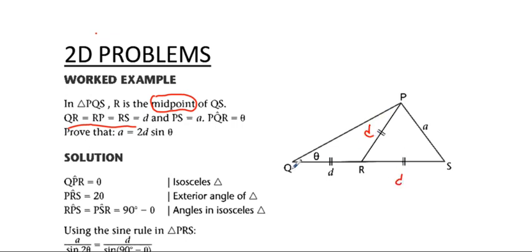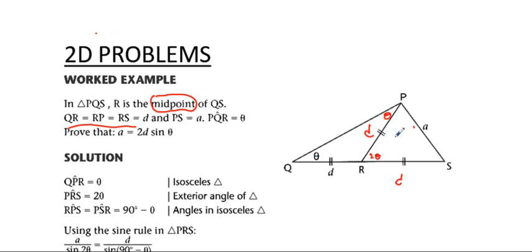Point to note, can you see that triangle QRP is an isosceles triangle? So when labeling, be careful, that angle will be theta. This PRS is also an isosceles triangle, but however we don't have any angles, but I got a strong feeling that this here is too theta because there's an exterior angle.